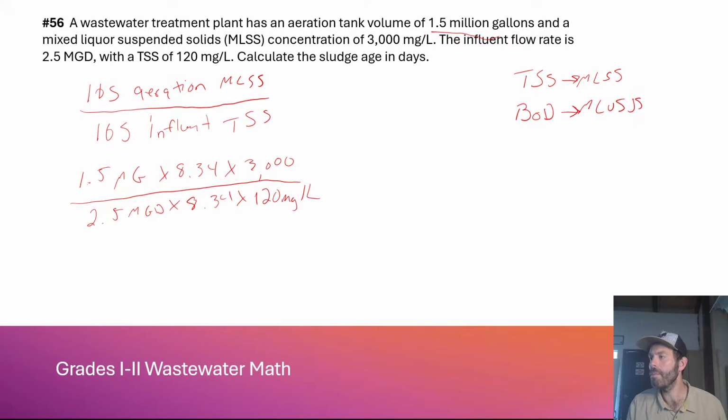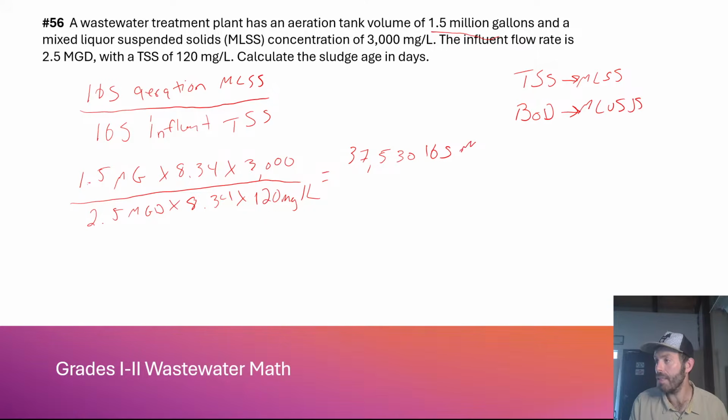Now, I'm going to touch on something here in a second about units, but let me finish this first because I just realized I didn't tell you something you should know. 37,530 pounds. If you put that in your calculator, that's what you should get.